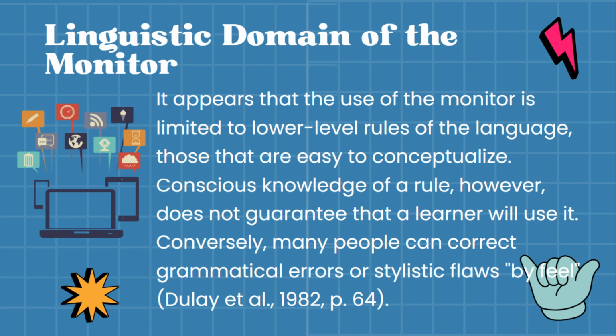So it means that the monitor is mostly used for simple language rules that are easy to understand, but knowing the rule of a language doesn't guarantee that you will use it. Because many people can fix errors by their feel without thinking too much. So that is the linguistic domain of the monitor.